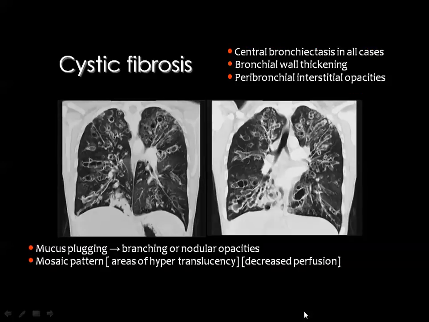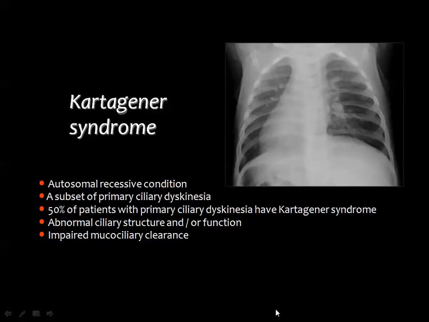And also by the facilities of multi-detector CT, you can have reconstructed images in the coronal and sagittal plane, so you have a better orientation of the dilated bronchi. You can see the bronchus along its whole course, and you appreciate that there are fusiform dilatation and sometimes cystic dilatation of the bronchi as well.